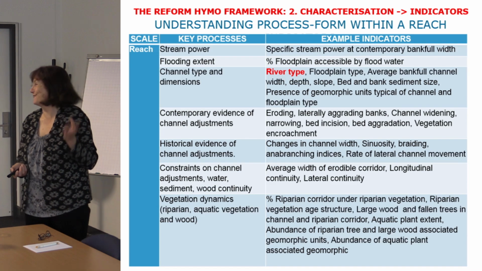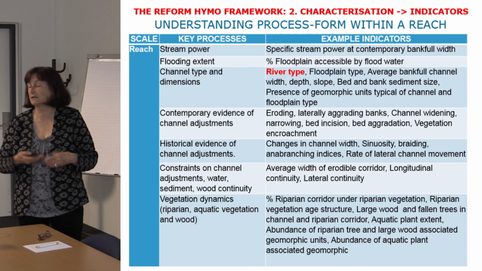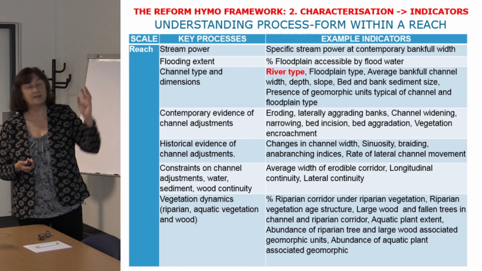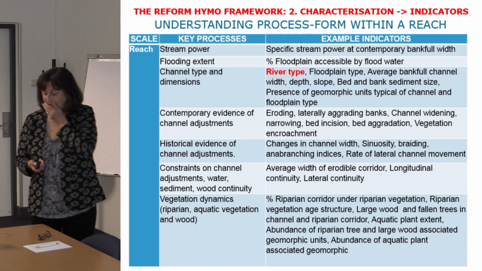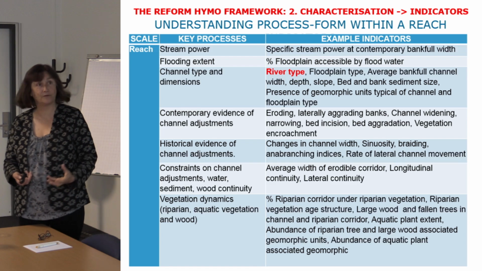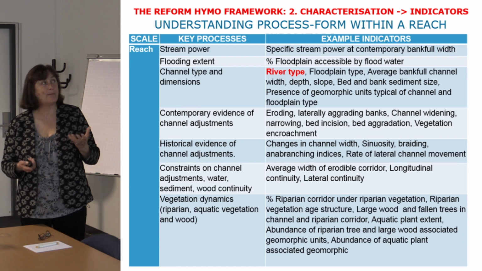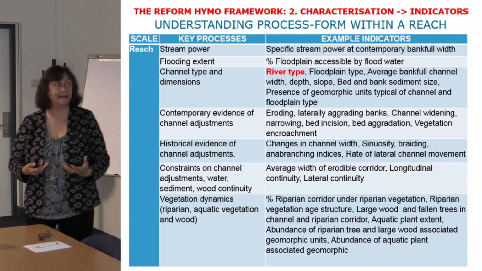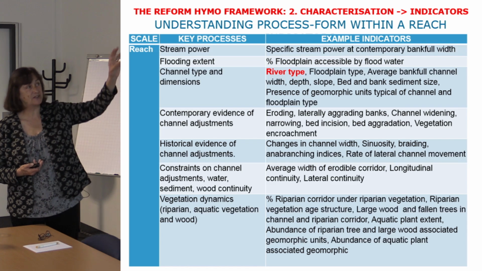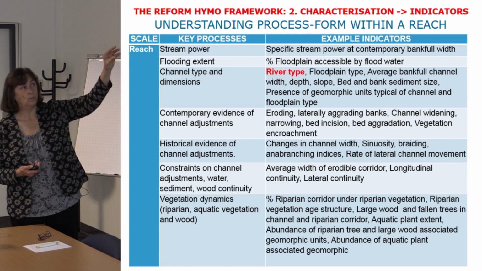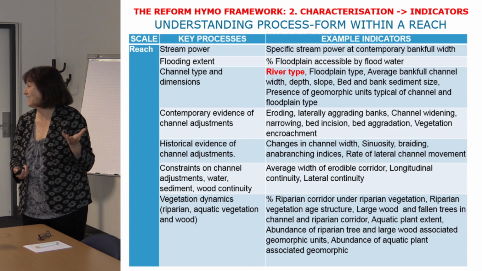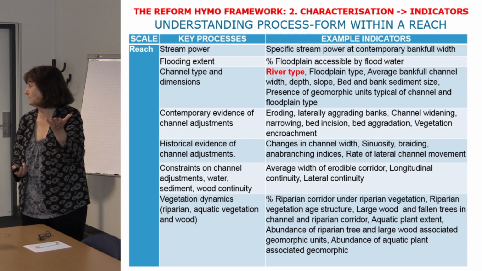More interesting is the reach scale, because here we start to see the consequences of this. So what we try to do at the reach scale is to think about the energy of the river in that reach, the stream power, the degree to which the river can access its floodplain or not, and then starting with the river type, we start to look at the evidence for whether that river is functioning naturally or not, given its type.